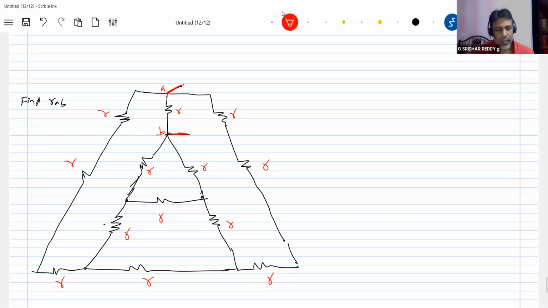So here is the distribution of current. What is the law, what is the method we are applying? I'm going to connect a cell. Let the current enter here.